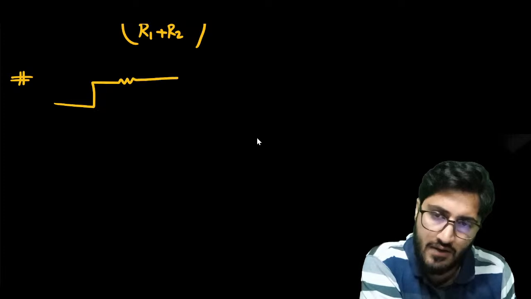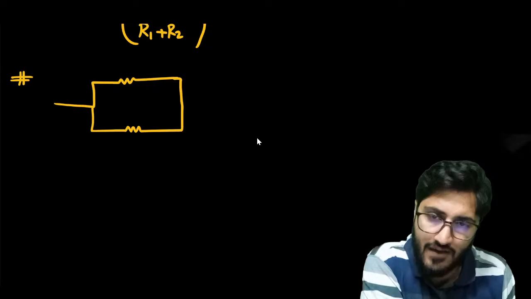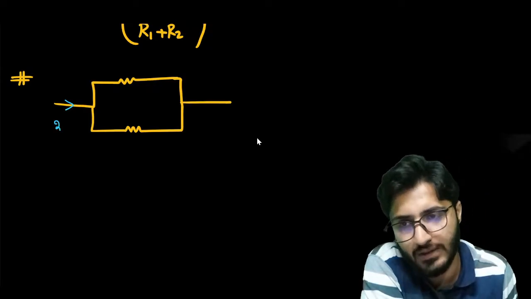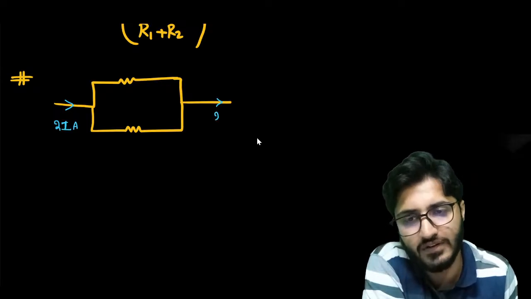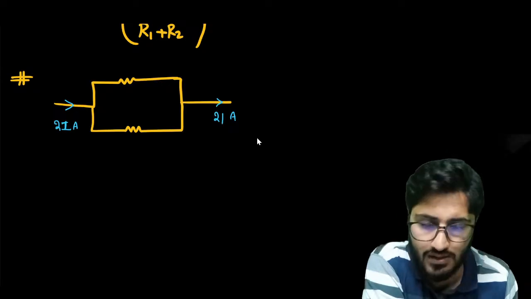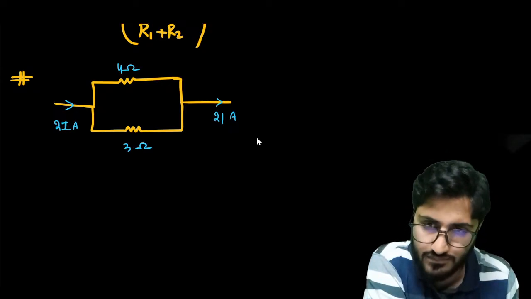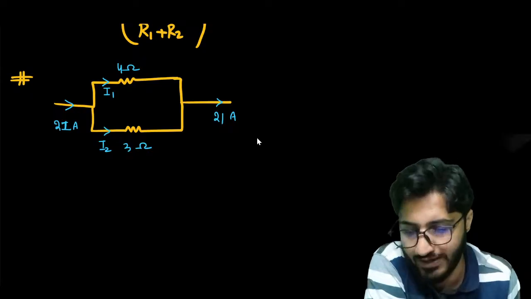Look now, if we are having a circuit like this, current is, let's suppose, 21 ampere. 21 ampere is getting into it, so 21 ampere will leave. If this one is 4 ohm and this one is 3 ohm, current I1 will flow through this one and current I2 will flow through this one. So how to find I1 and I2?